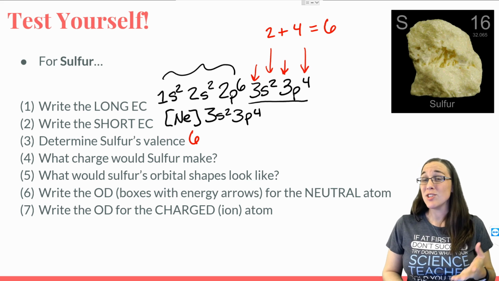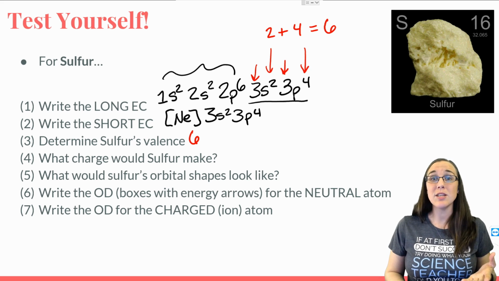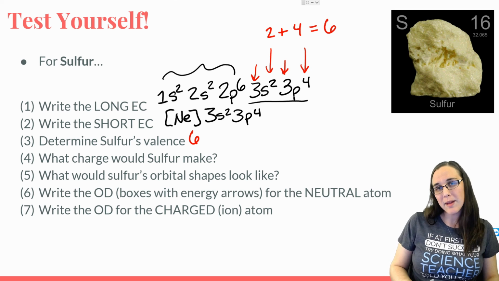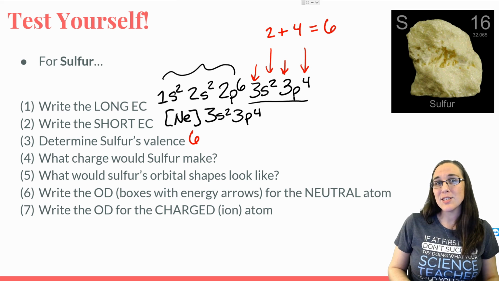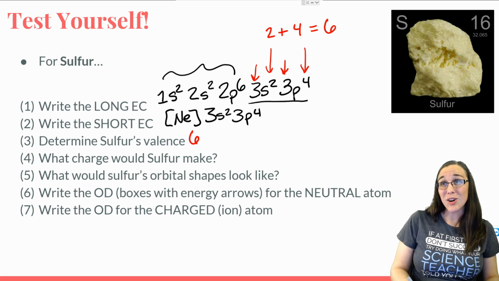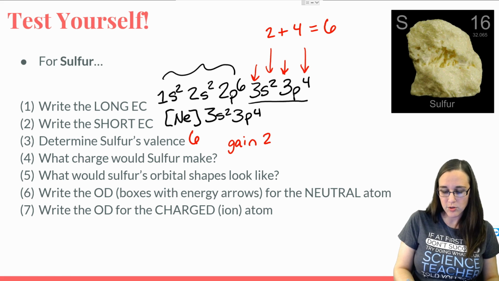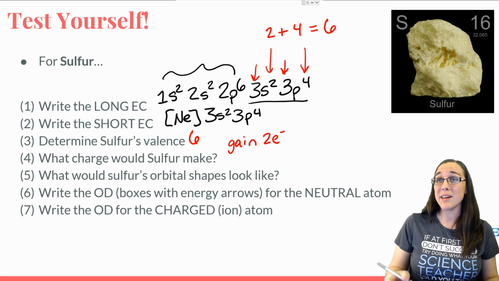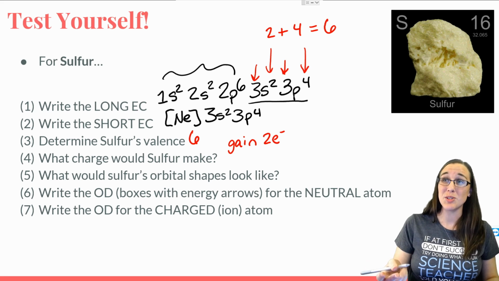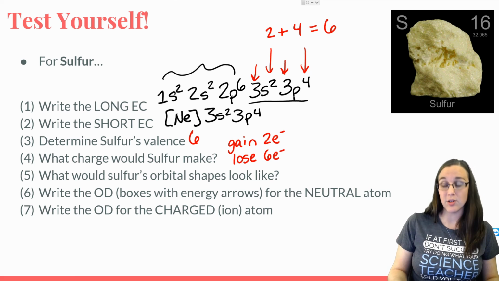Now to figure out what charge sulfur will make if it were to become a charge, we need to use the octet rule and determine how far away 6 is from 8. It wants to be like a noble gas. So either we can gain 2 electrons and become like a noble gas, because 6 plus 2 gives us 8 for an octet, or the other option would be to lose 6 electrons.